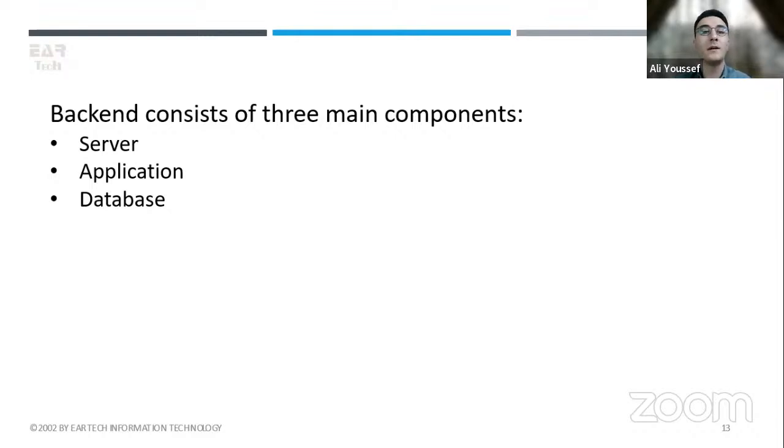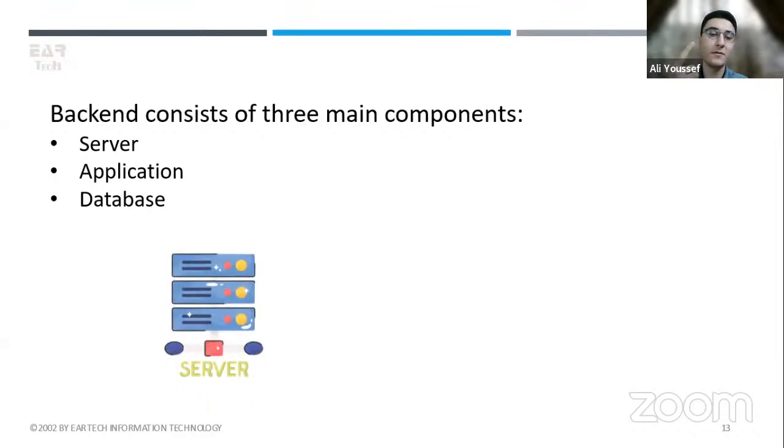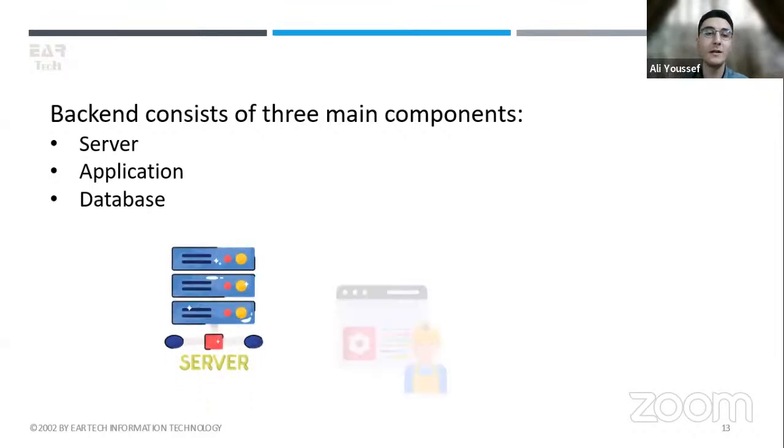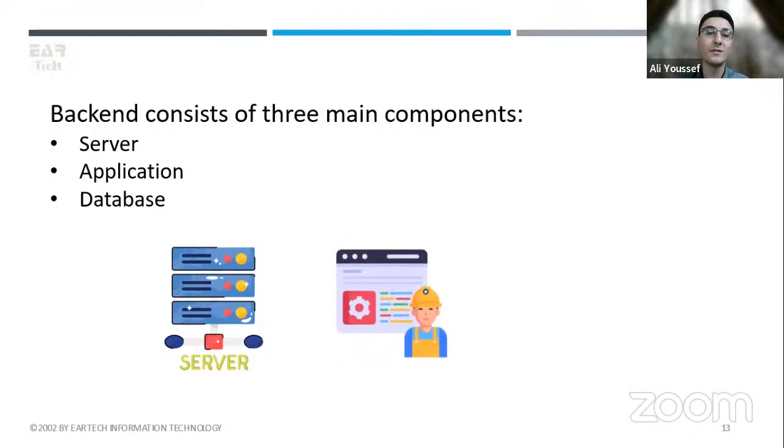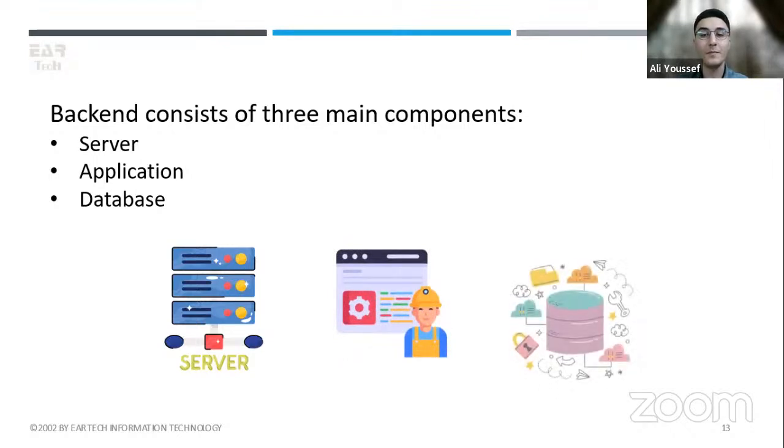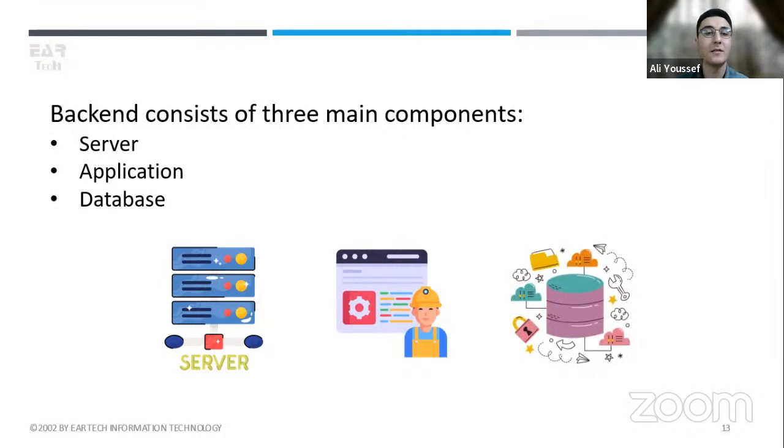Backend development consists of three main components: the server, which is basically a computer; the application, which is the logic that makes our application functional; and the database that we can store and retrieve data from. You can think of it like a garage or a storing box.